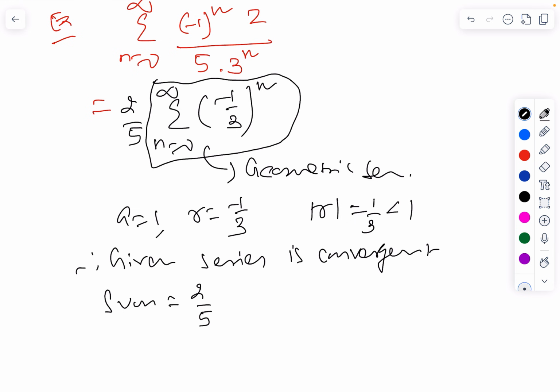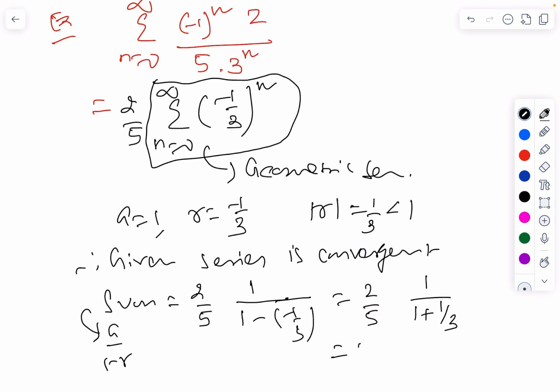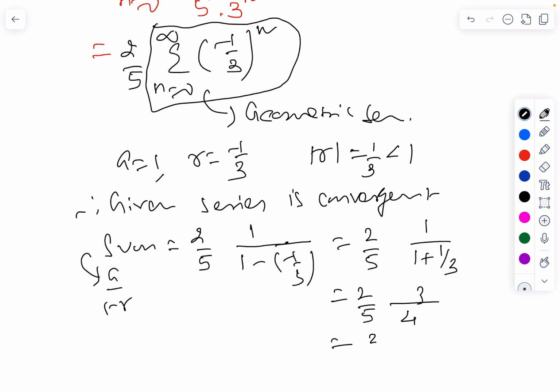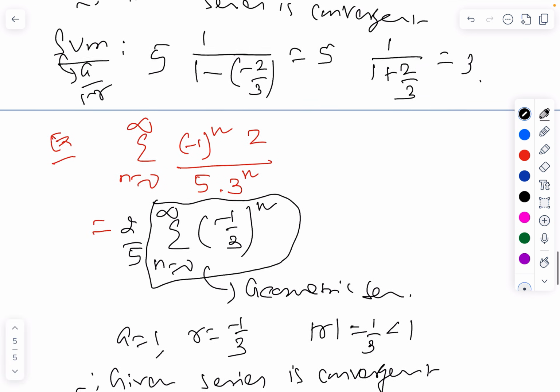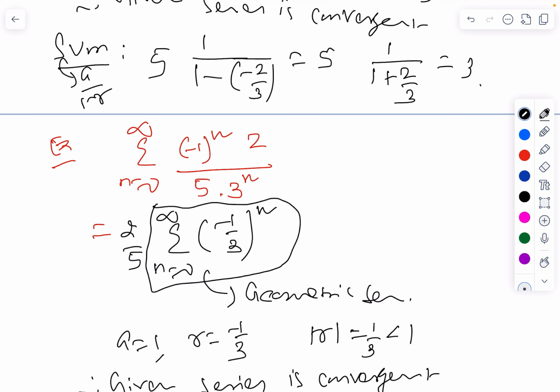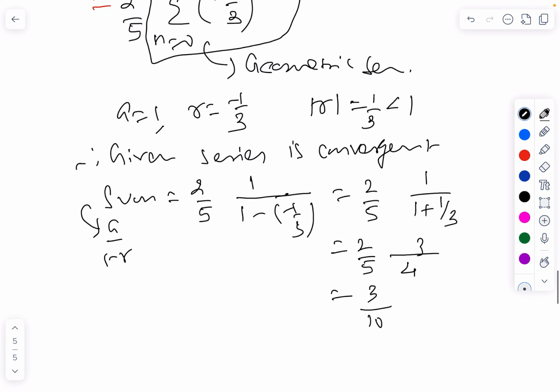Like 2 by 5 is there, and a upon 1 minus r. So a is 1 and r is minus 1 by 3. So 1 minus minus 1 by 3. So this is 2 by 5 times 1 over 1 plus 1 by 3. And so this is 4 and this is 3 here. So this is 3 by 10. Okay. So the sum of all the infinitely many terms is 3 by 10.